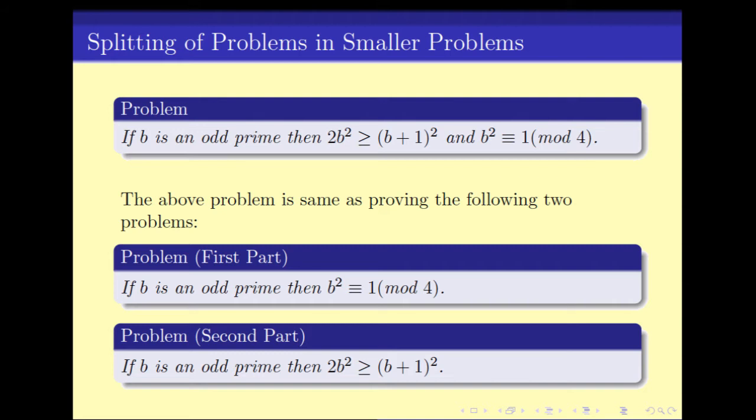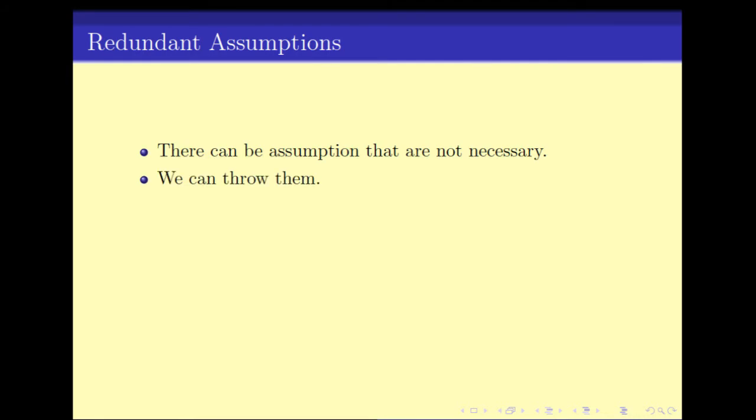The second one was to understand what properties of the assumption are required. There can be a lot of redundant assumptions, and we would like to throw them away to simplify the whole problem.